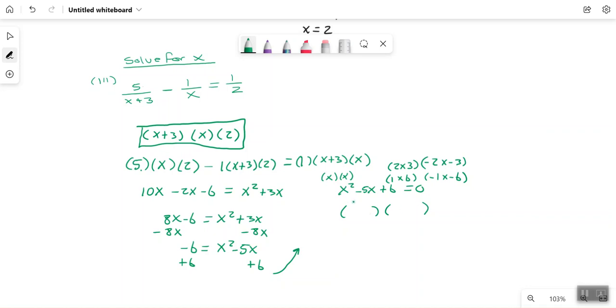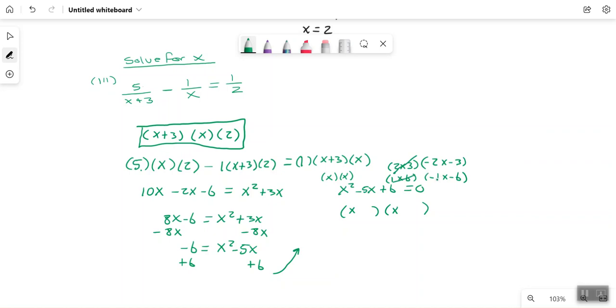Okay, so the x and x is going to give us the x squared, so the x by x. And what we want to do is decide which of these, when we add or subtract them from each other, will give us this minus 5x. If I take 2x and 3x and add them together, or subtract them, it's not going to give us minus 5x, so it's not these guys. If I do the same with this, it's not going to be either of these.